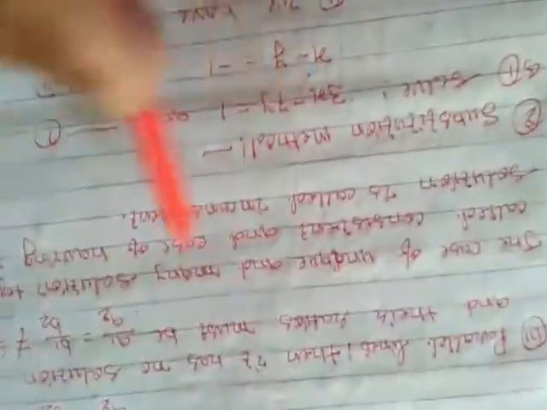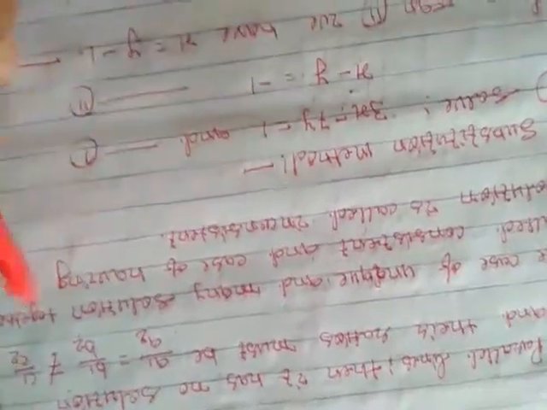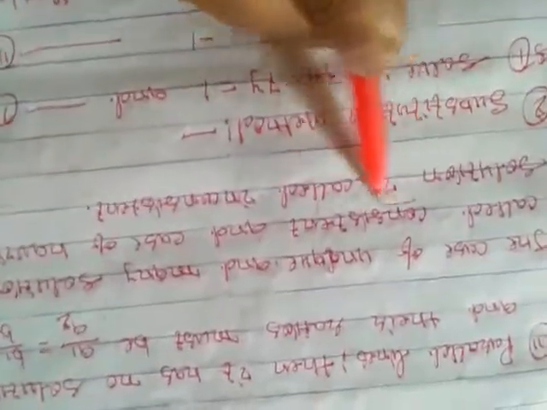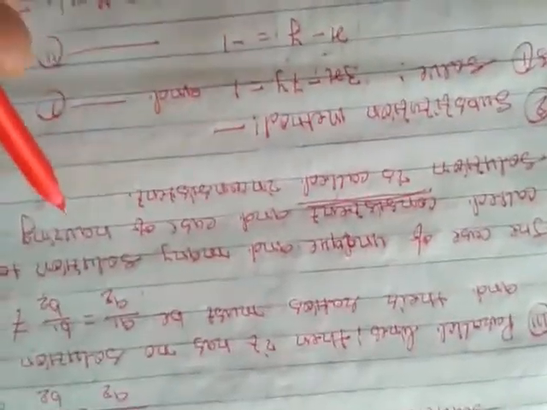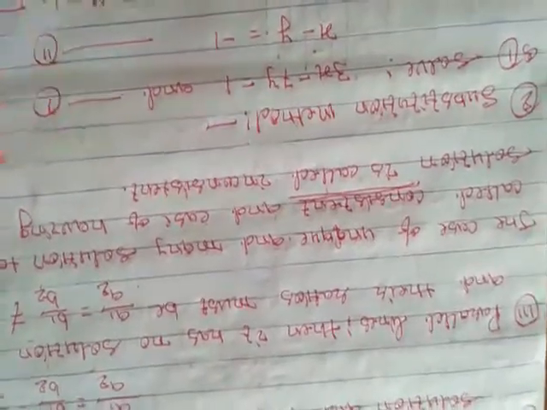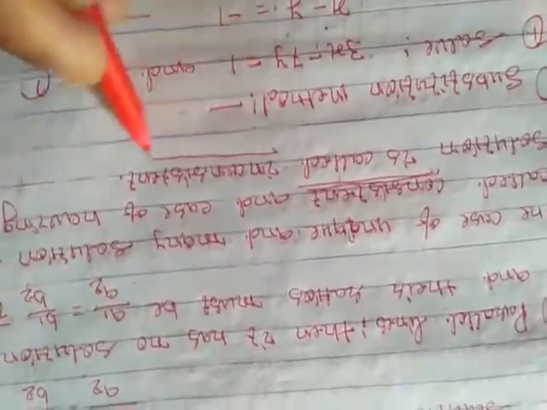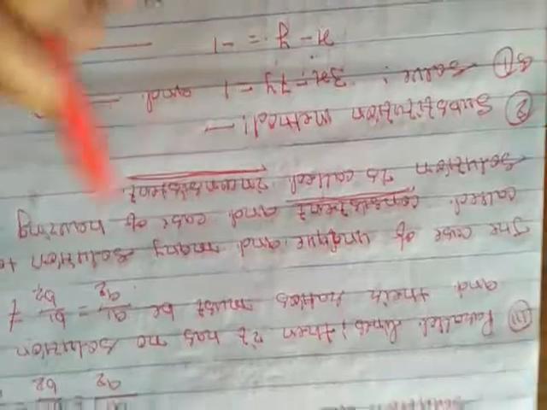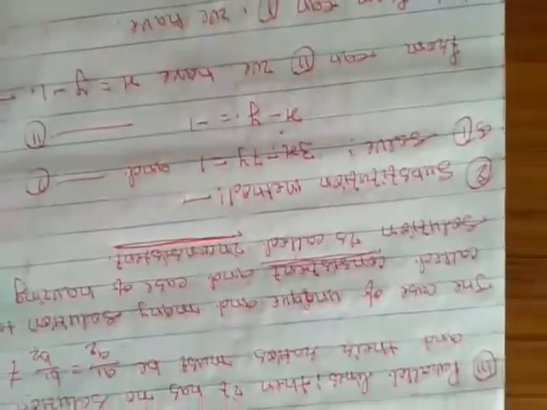The case of unique solution and many solutions together is called consistent. Consistent means having a solution, and the case of parallel lines is called inconsistent, meaning having no solution.